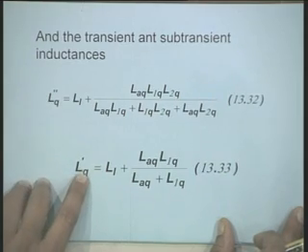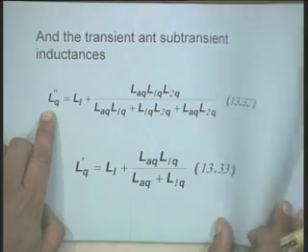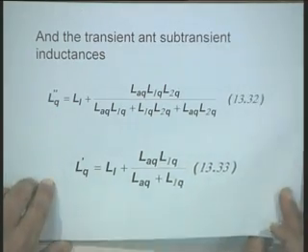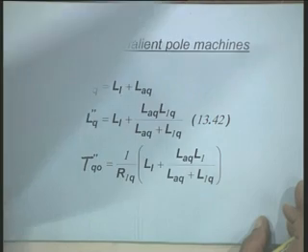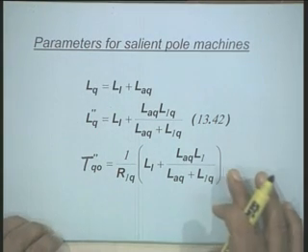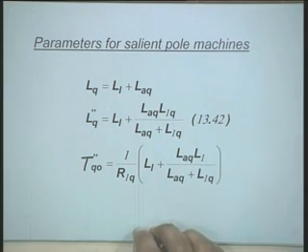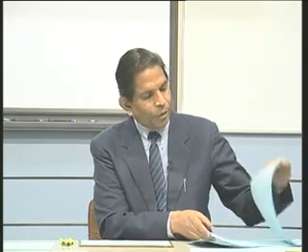And these are the transient and subtransient inductances of the quadrature axis winding, damper winding, and the parameters are also given. Now, we have to look in slightly more detail at these time constants.